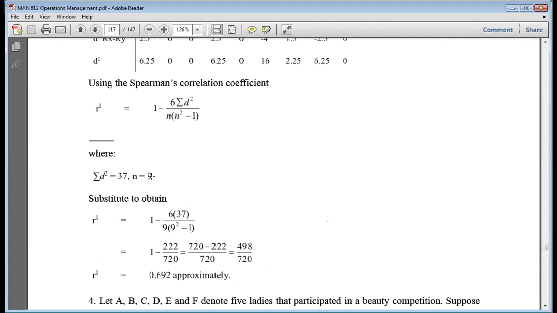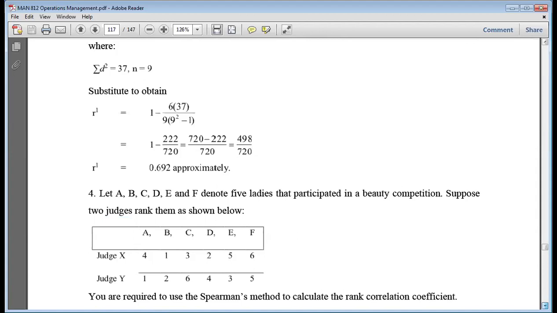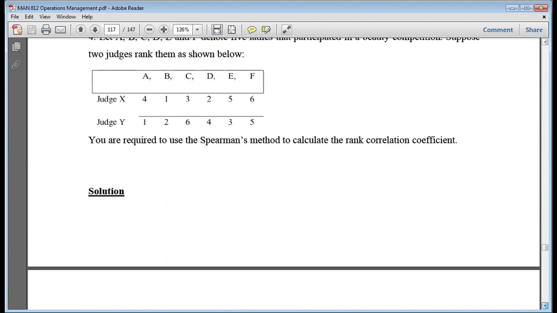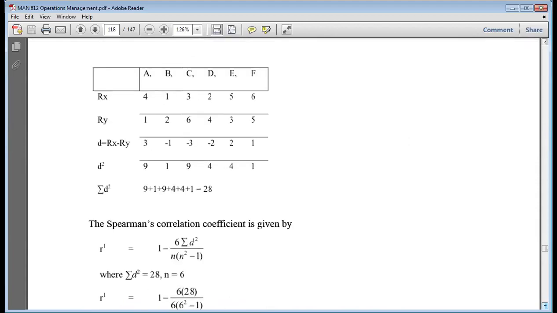And you know our n is 9. n bracket n squared minus 1. So after solving this thing, you get r equals 0.692. Have you seen that it is close to 1, more than 0.5? It means it has a strong positive relationship. Have you seen it? It has a strong positive relationship. That's our r now. So this is another example for rank, using rank correlation.